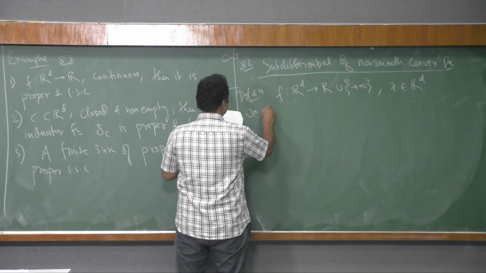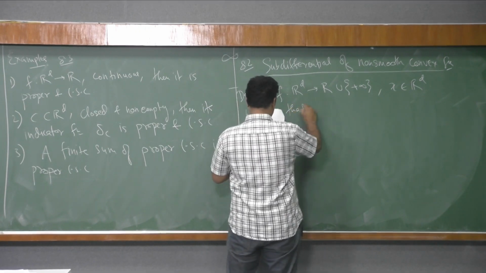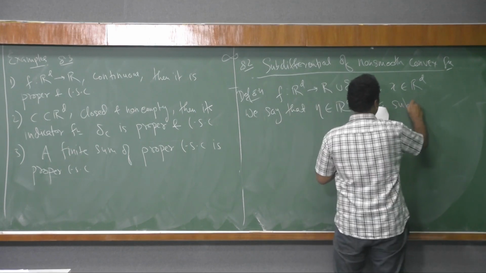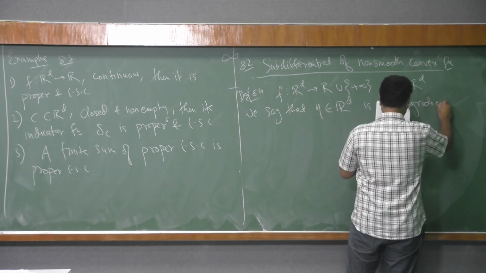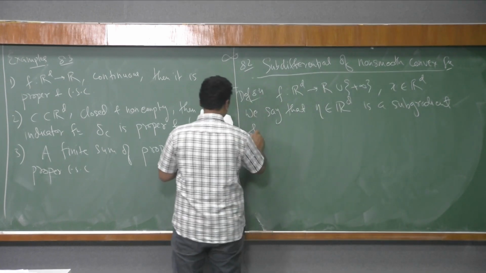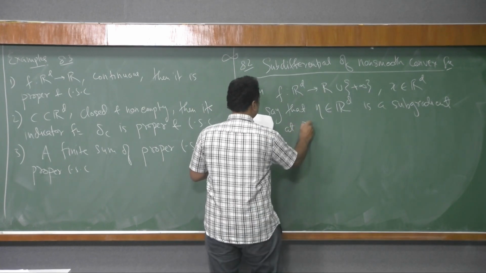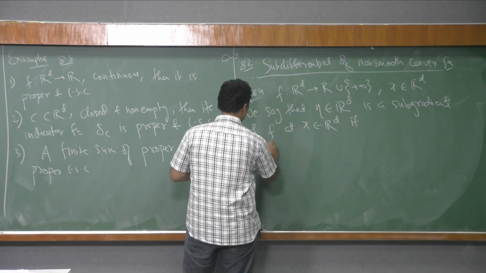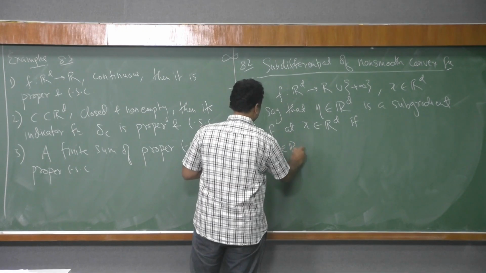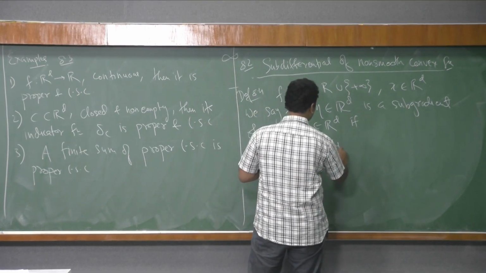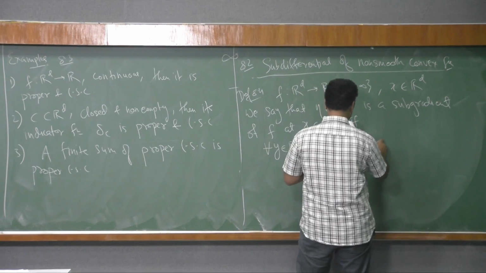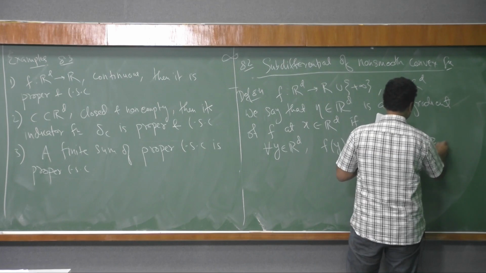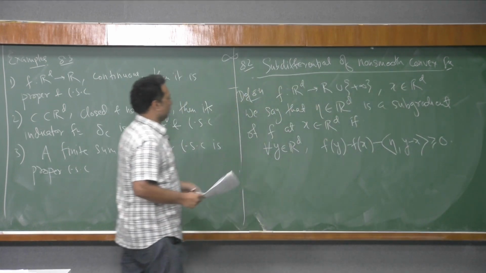So we say that eta in Rd is a subgradient of f at x in Rd if it satisfies the following property. So for all y in Rd, f(y) minus f(x) minus eta times (y minus x) is greater than or equal to 0. So you can recall this, we have done this before.